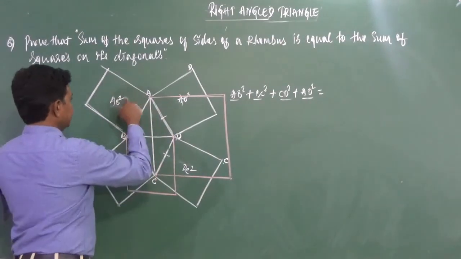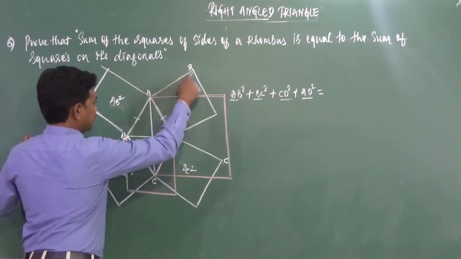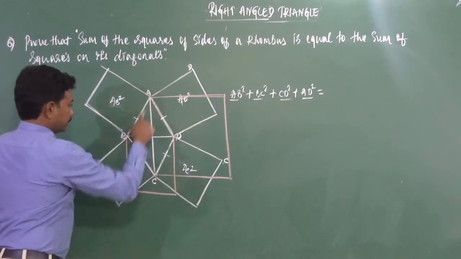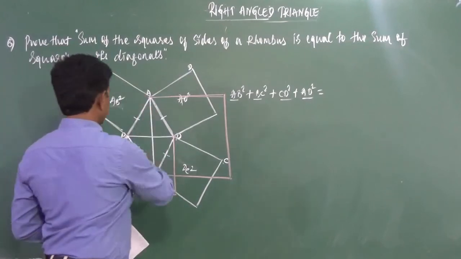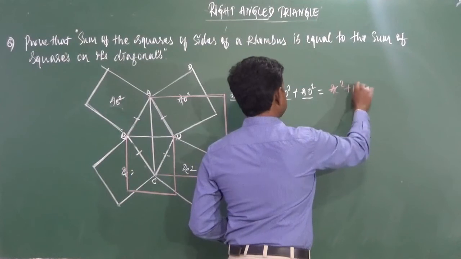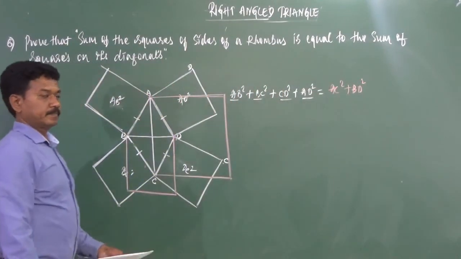That is AC square plus BD square. So this is what we have to prove.